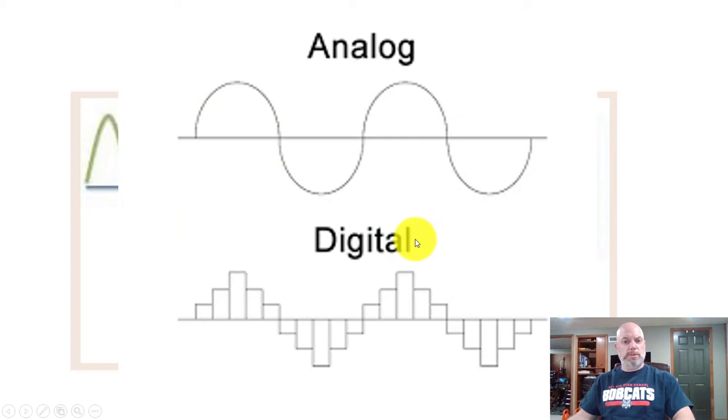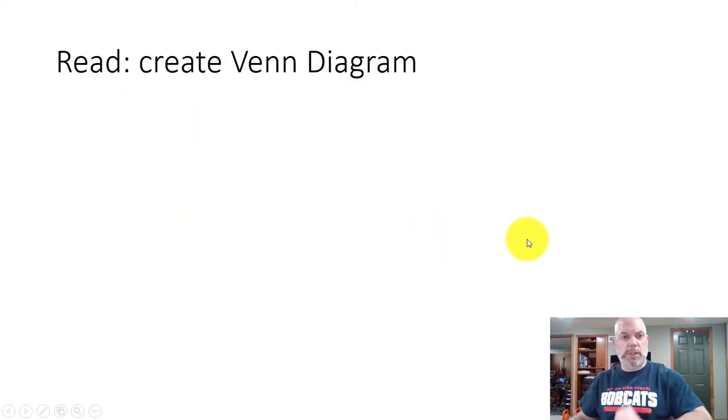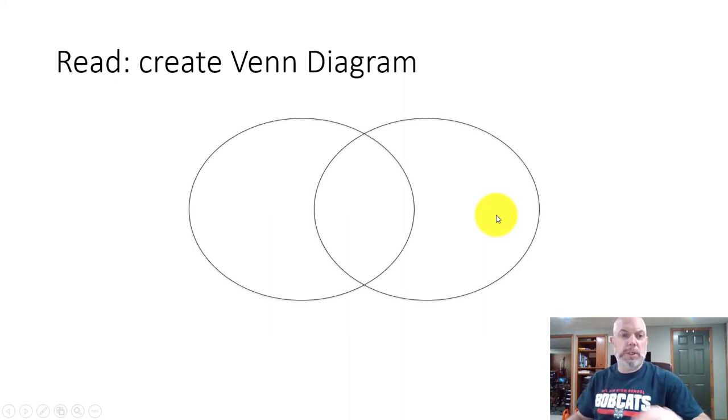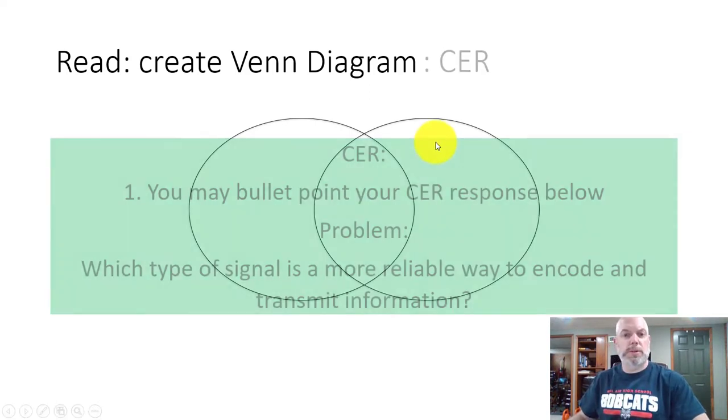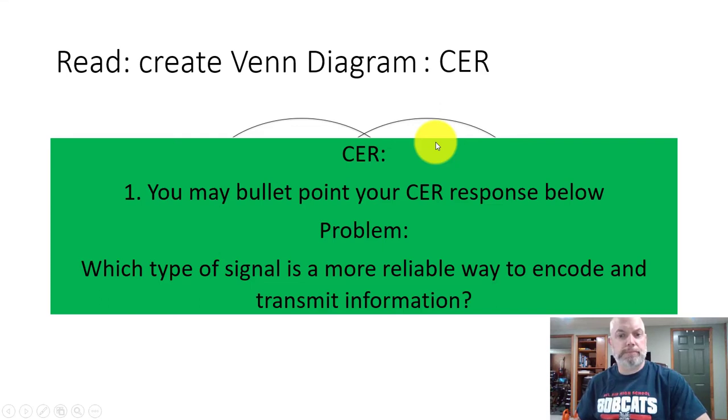All right. So there's another way to think about analog versus digital, which is what you'll get into here in this lesson. So you're going to read a little bit. This is lesson 7. So you're going to read a little bit, create a Venn diagram about the two. And then you're going to do a CER about which type of signal is more reliable way to encode and transmit information.